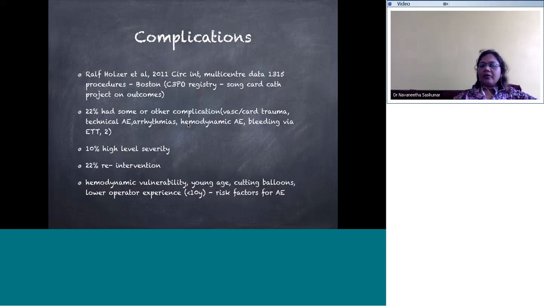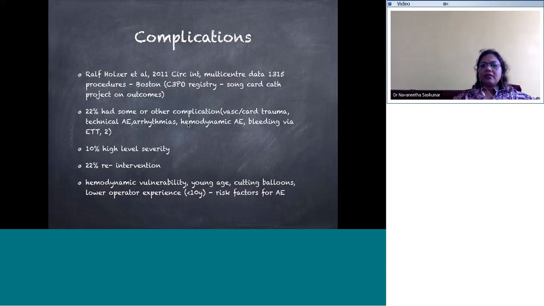So this is one of the well known acclaimed studies. When you compare the pediatric intervention data with adult intervention data, what you will see is there are much fewer trials and studies in the pediatric arena, but this is one of the well coordinated, well collected data from a US registry.